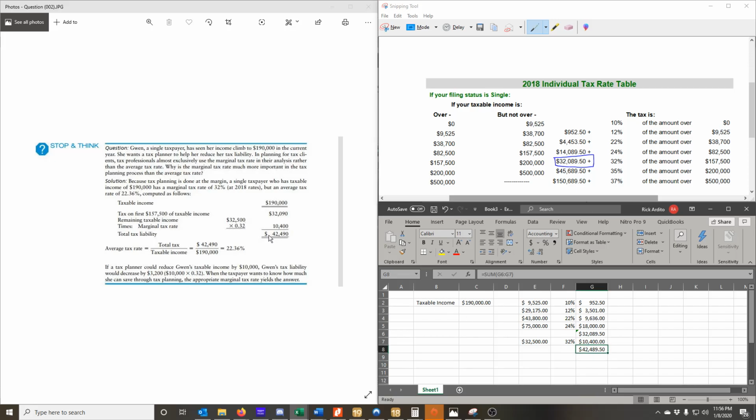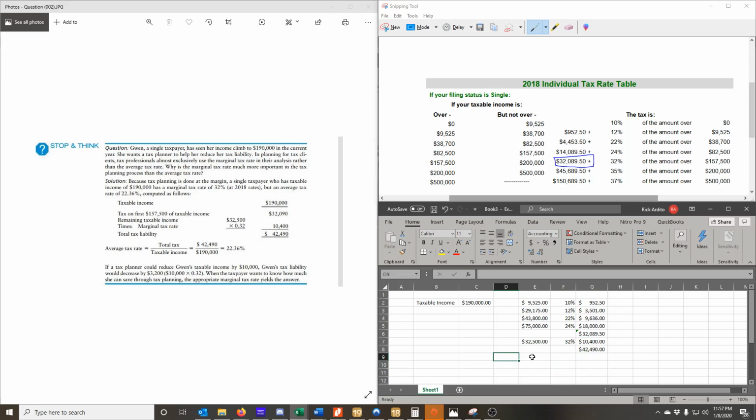Now the problem's rounding, 42,490. So if we gave that a round function, round that sum to 0 decimal places, there we go. We'd get 42,490. Awesome. Okay, so then it says let's look at what our average tax rate is.